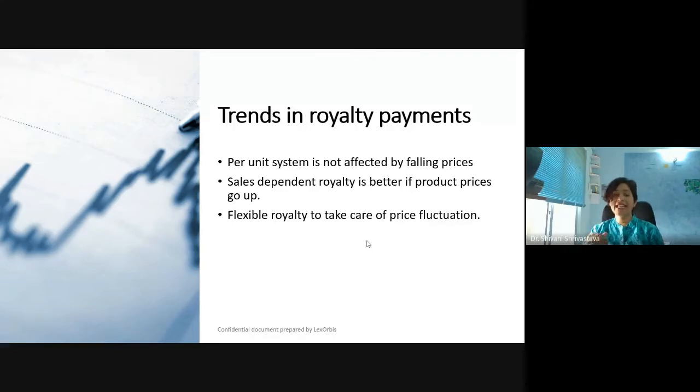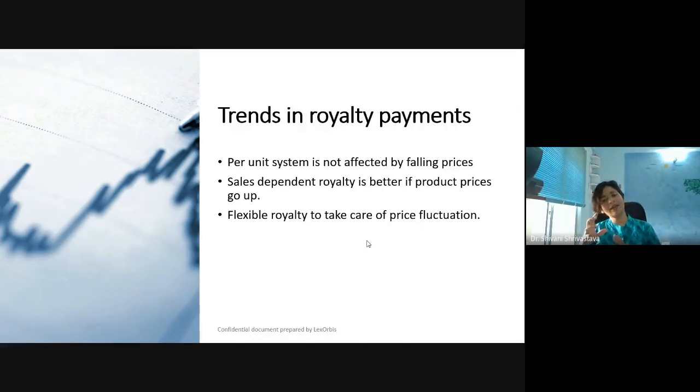And sales dependent royalty is better because it depends on the market and the licensee, because sometimes the product prices go up based on the performance of the product and the market. So if the product price is going up, in that case sales dependent royalty is a good option for the licensor, because the licensor would be getting high royalty.